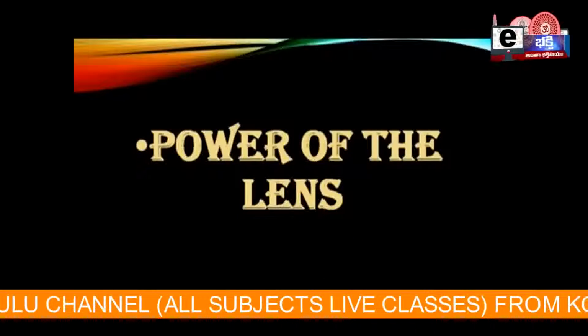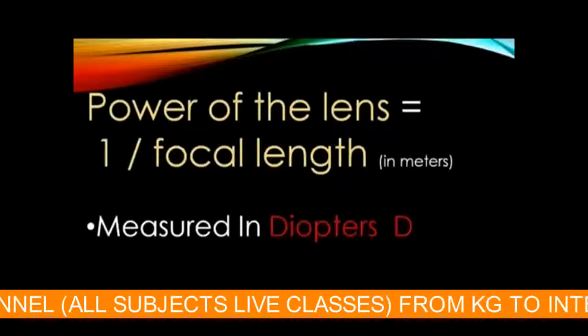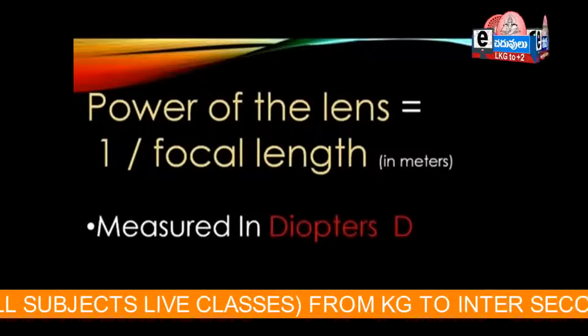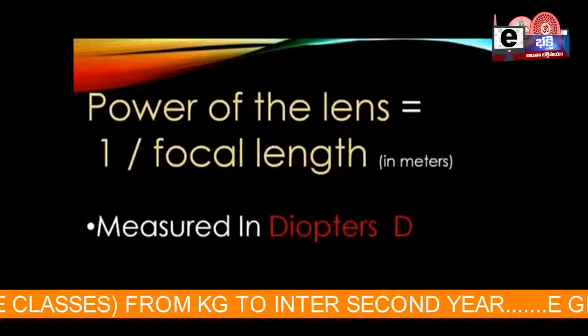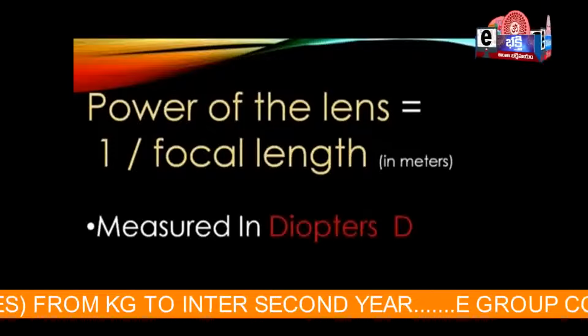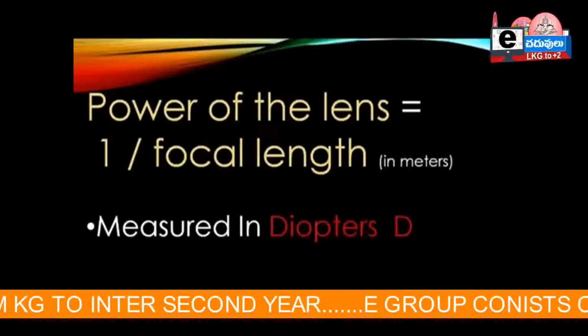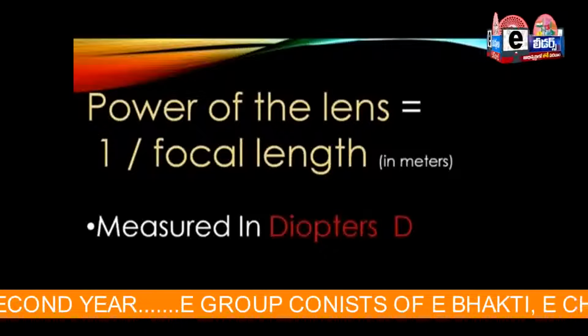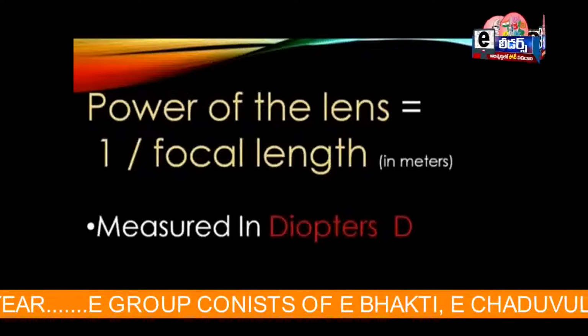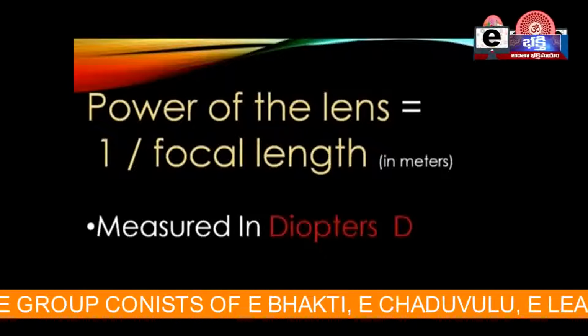Power of the lens. Calculate the power of the lens using the formula power is equal to 1 by focal length in meters, or power is equal to 100 by f, where f is the focal length in centimeters. Just by substituting the focal length value in this formula, we can find the power of the lens.